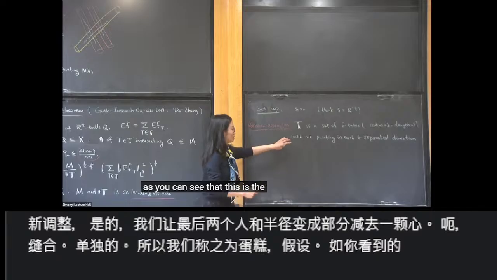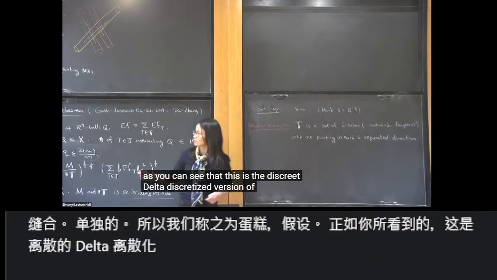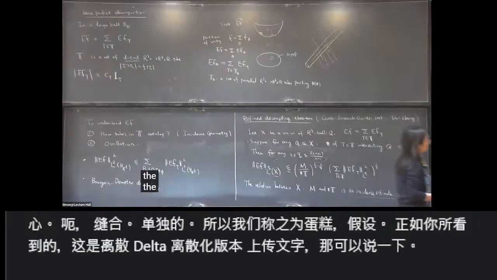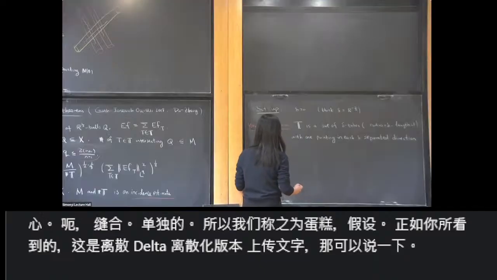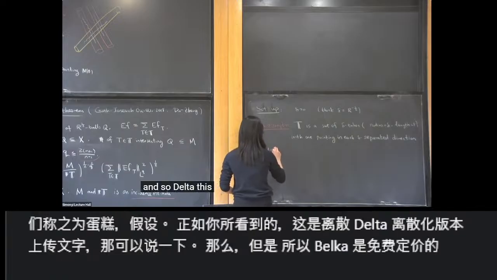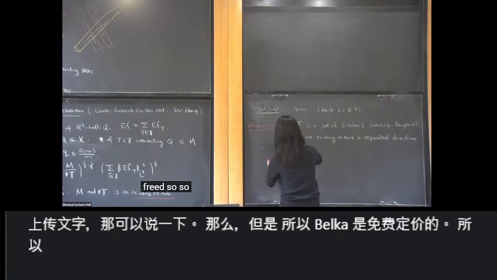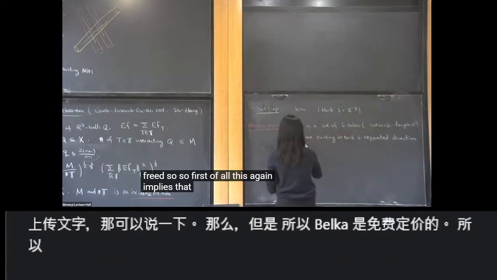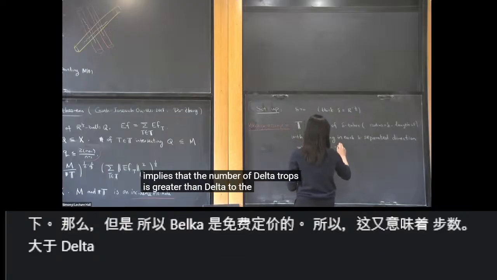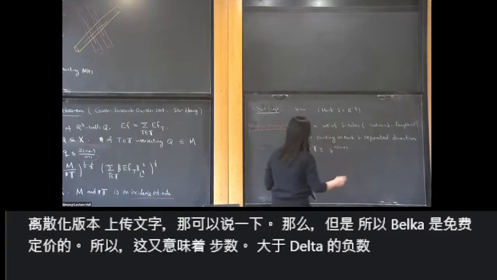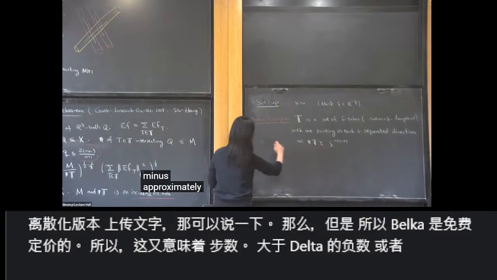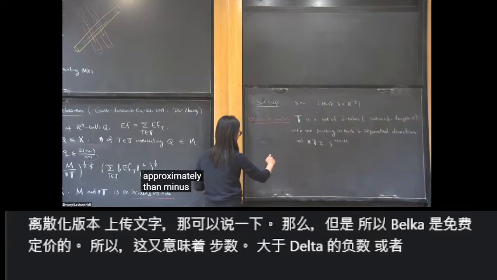As you can see, this is the delta-discretized version of the Kakeya set. So first of all, this Kakeya assumption implies that the number of delta tubes is greater than approximately delta to the minus n minus 1.